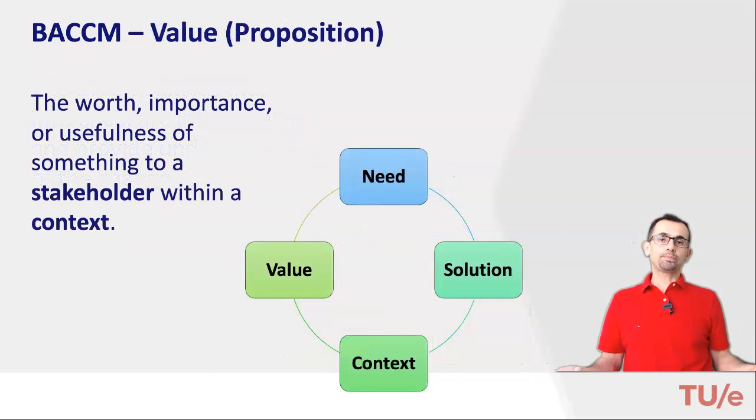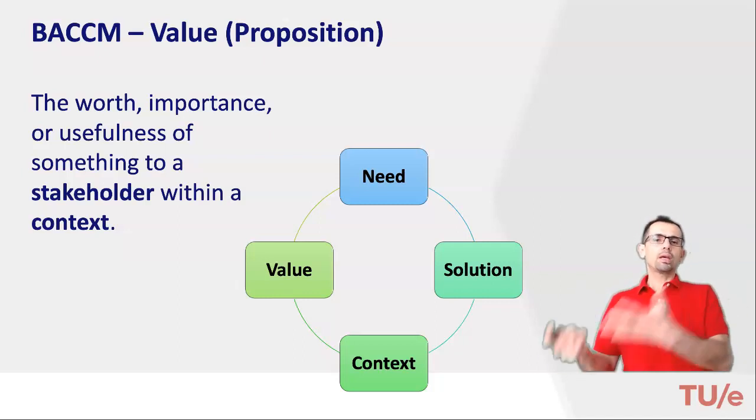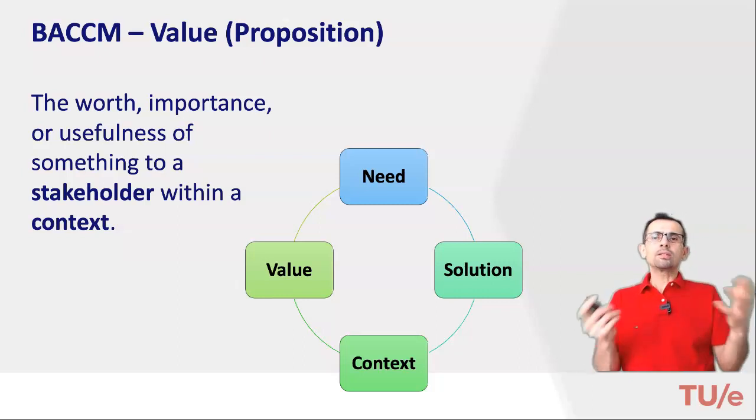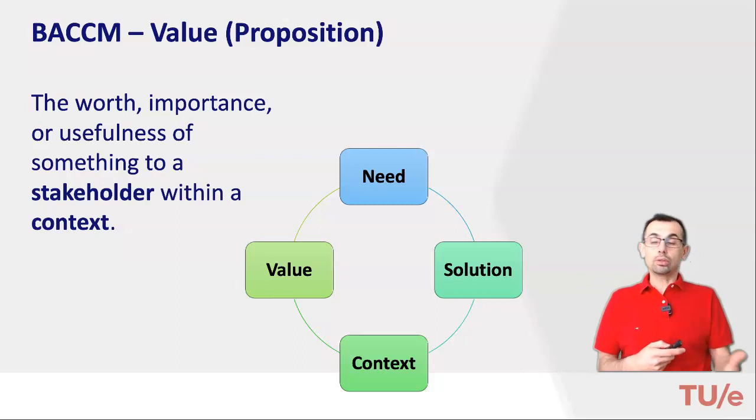Value proposition. Value proposition is basically the worth, importance or usefulness of something to a stakeholder, again within a particular context. So in this scenario, let's assume that as a user, you can rent or reserve a scooter with your smart device in an urban area, use it, and just leave it anywhere in the urban area.